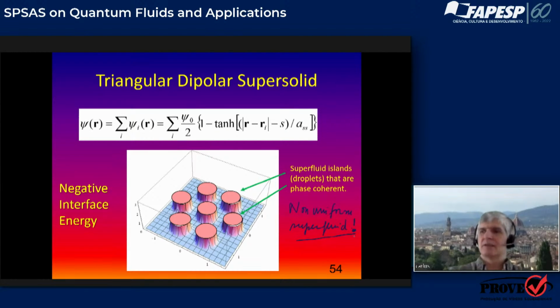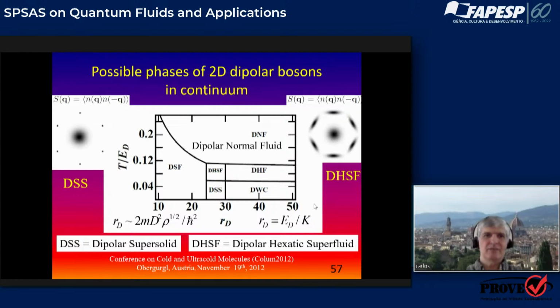So the question is that not all non-uniform superfluids have this signature, right?